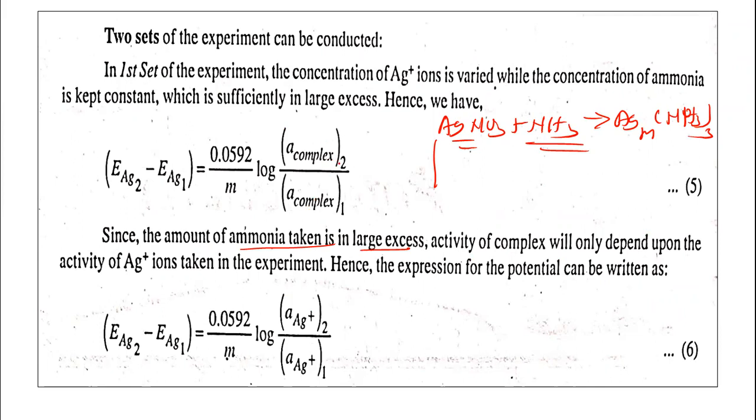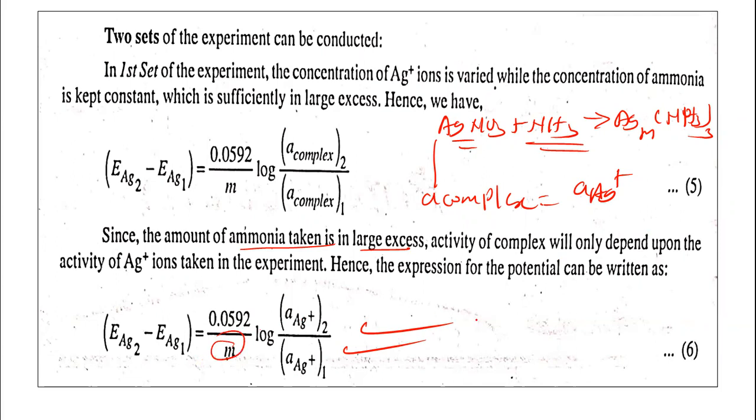So we can write this equation: the activity of the complex depends upon the activity of the silver ion of the second electrode and the first electrode. In this way we get the derivation, and with the help of the potentiometry experiment we can determine the m value here.